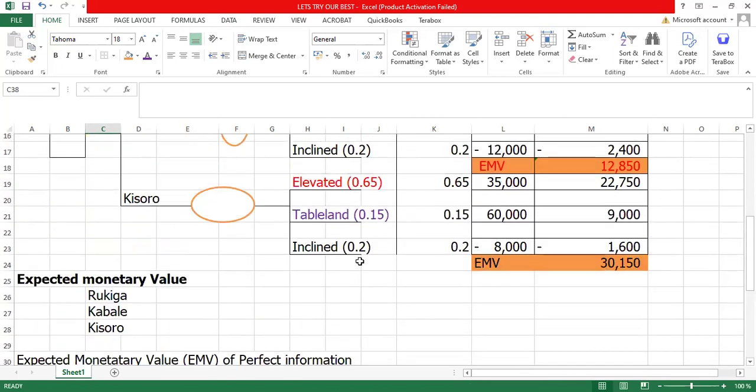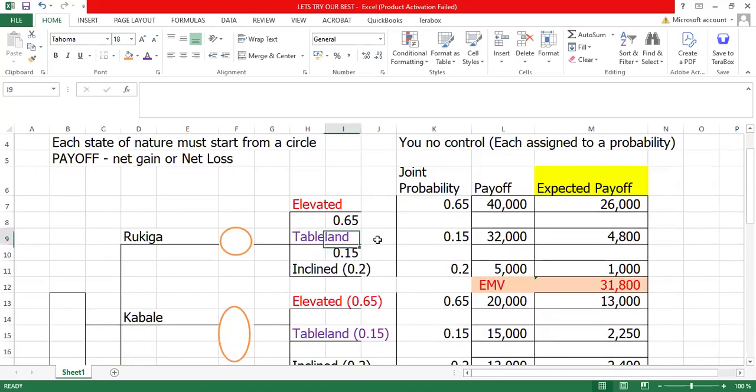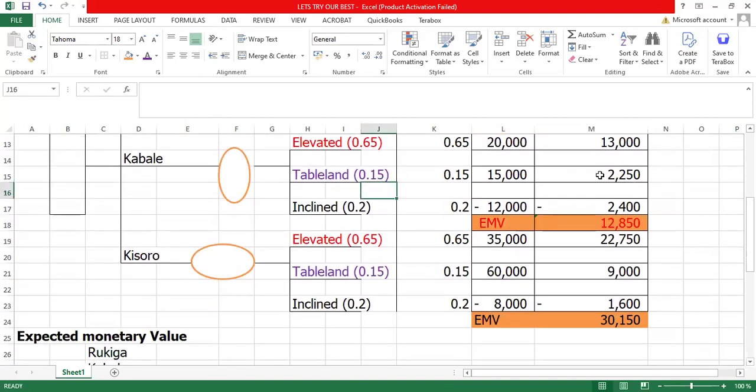Let's observe tableland. The first figure is 4,800. The next figure is 2,250. Then the next figure is 9,000. What is the highest? 9,000. Yes.